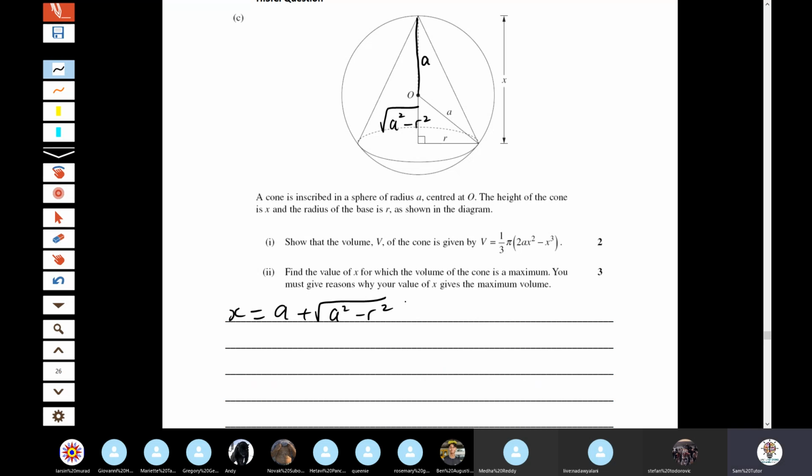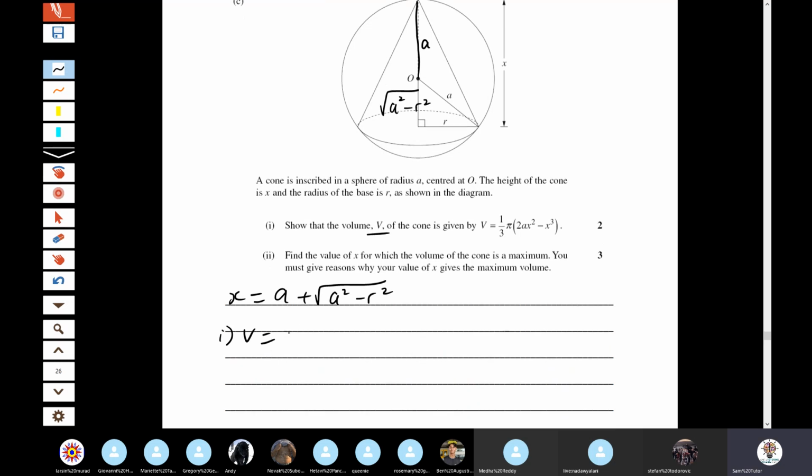I think it's time for us to read part i now. I just think you should know that before you do anything. If you see spheres, usually look for another side somewhere. Show the volume of a cone. What's the volume of a cone formula? 1/3 pi r squared h.